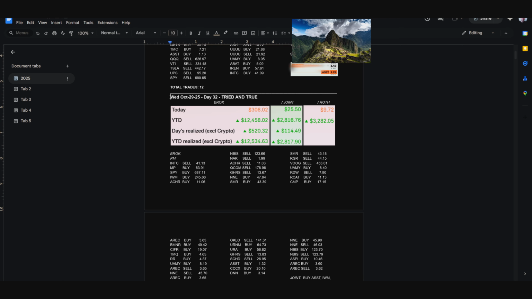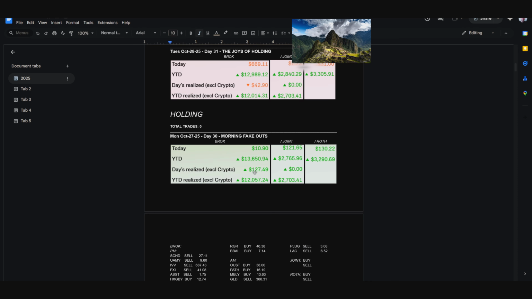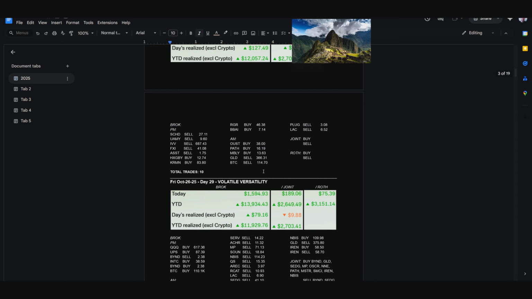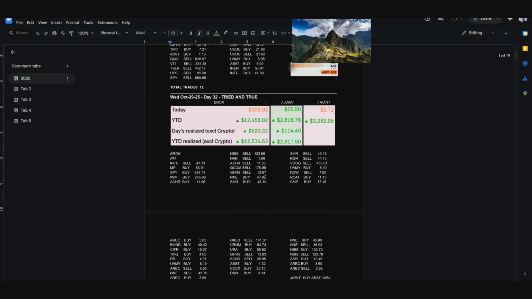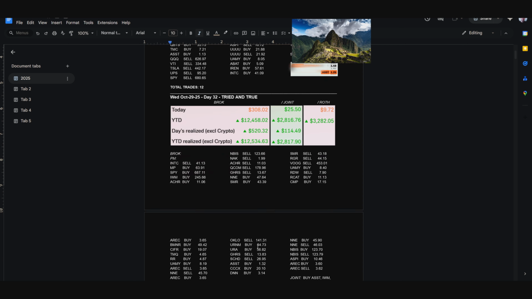But this was the day I decided to go back to active trading. And yeah, we started to turn it around. Just taking L's, barely up. But we're coming around 12.5.42. We're up.